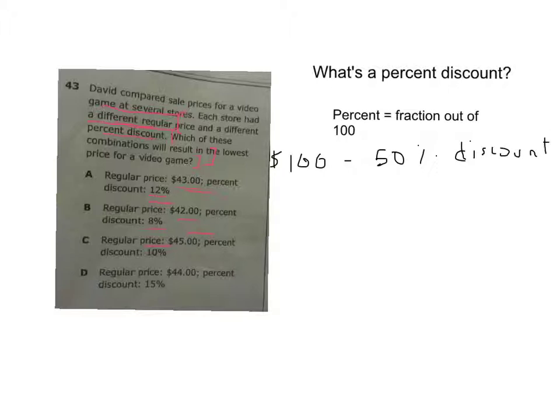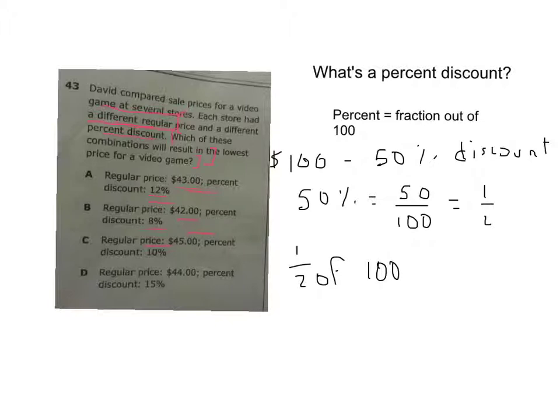Well, the way to find out what it would cost after a 50% discount would be to find 50% of 100. So remember, 50% is the same as 50 over 100, because a percent is just a fraction out of 100. 50 out of 100 reduces to a half, so 1/2 of 100 is $50.